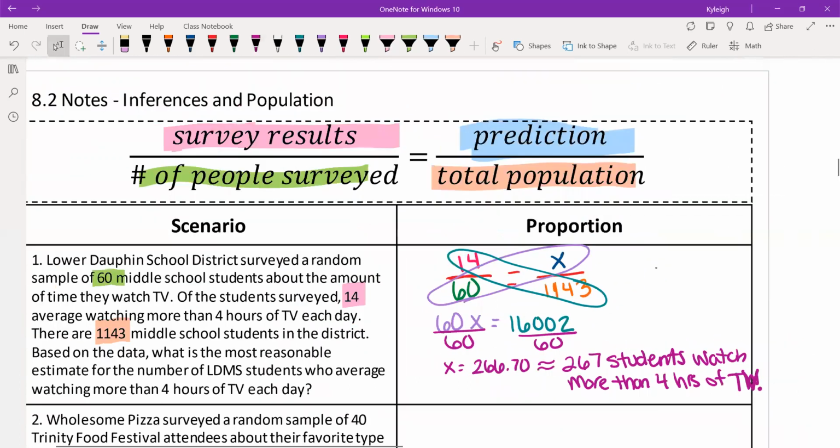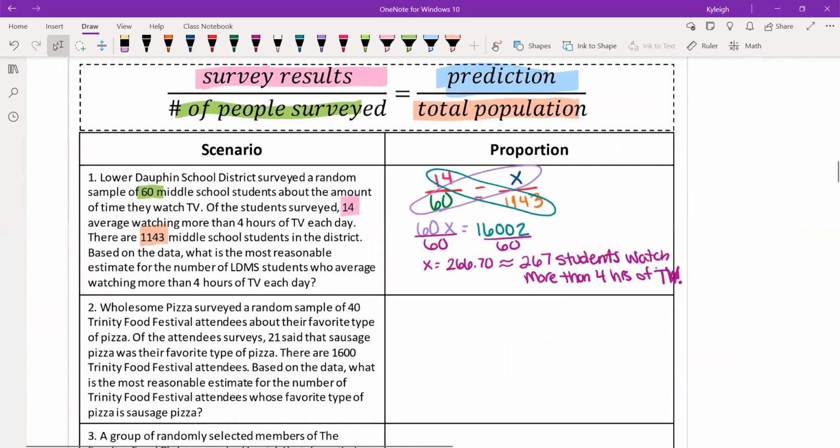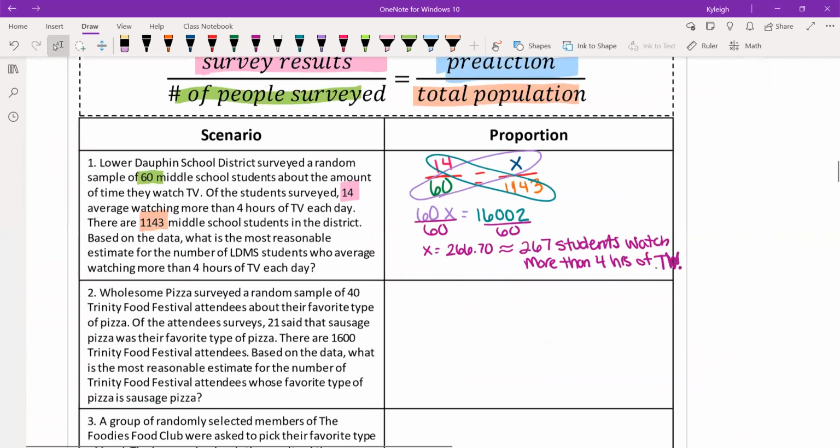I'm going to zoom out a little bit here so I can keep my highlighted thing. Okay, so Wholesome Pizza surveyed a random sample of 40 people. So we surveyed, I'm going to highlight that in green, 40 people. Of the attendees surveyed, 21 said, so of those surveyed, 21 said that sausage pizza was their favorite type of pizza.